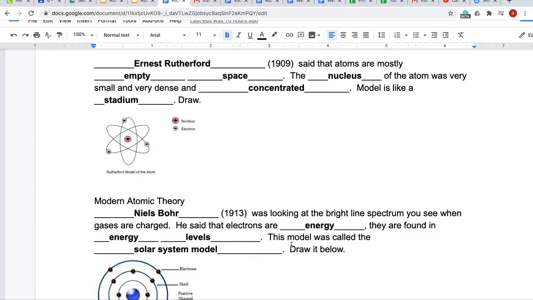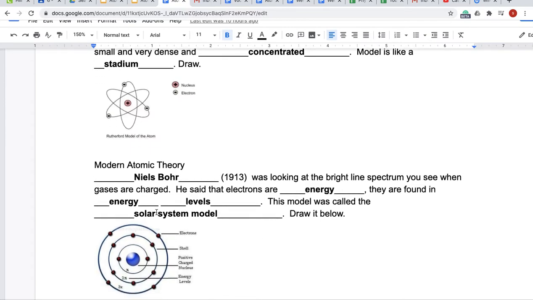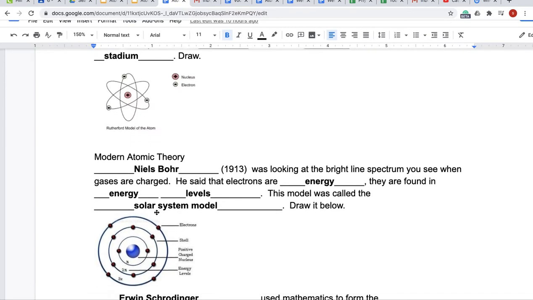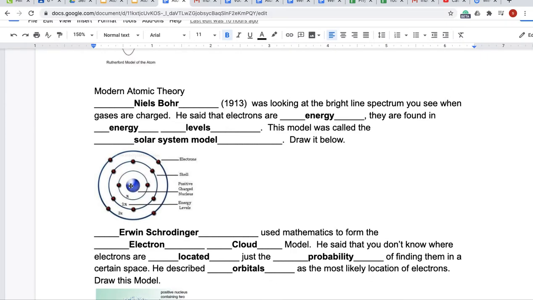And so what he came up with was a model of a solar system. So think of our solar system, the sun in the middle. In this case, the sun is the nucleus, the positive charged nucleus. But what he thought was there was a pathway close that had 2 electrons. And then he said there was another pathway further out that had 6 electrons.